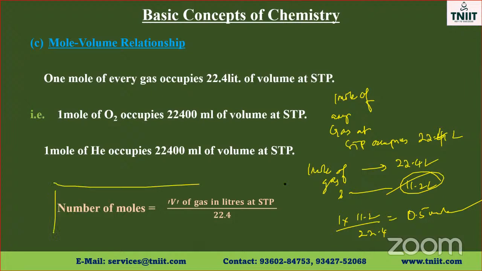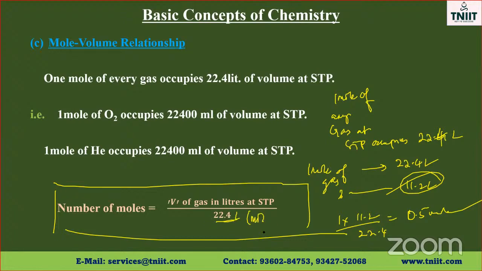So what's the formula to calculate number of moles in terms of volumes? Volume of the gas in liters at STP divided by 22.4. This 22.4 is called molar volume. See here, the same formula. Volume of the gas given is 11.2 liters. How do I find the number of moles? 11.2 divided by molar volume.